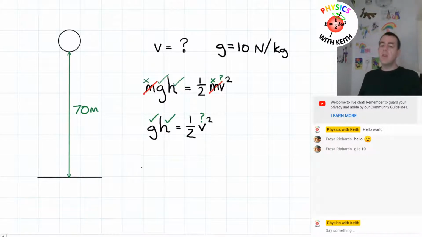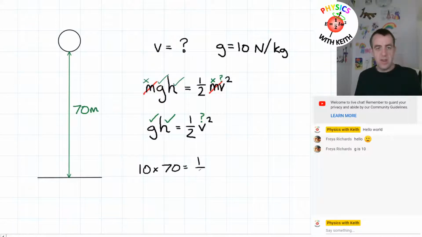So the easier way of rearranging this, which won't help you quite so much when you get to your A-level studies, but it's certainly going to help you with GCSE, the easier way is to substitute your numbers first. Students often find the numbers less intimidating than the letters. So g is 10, h is 70, so we can substitute that.